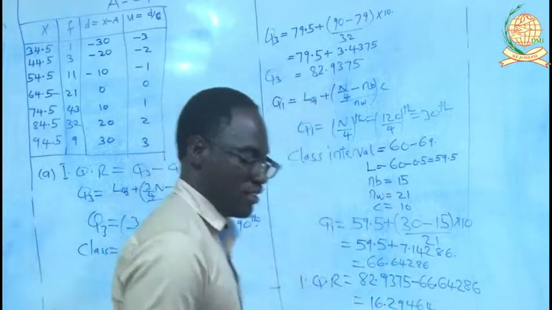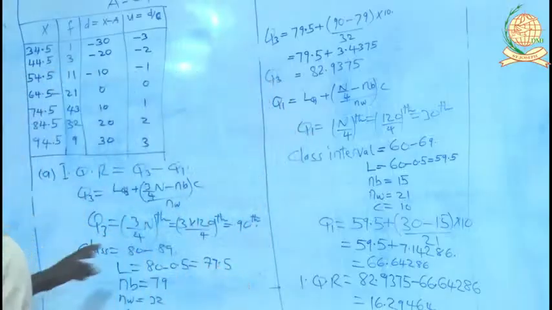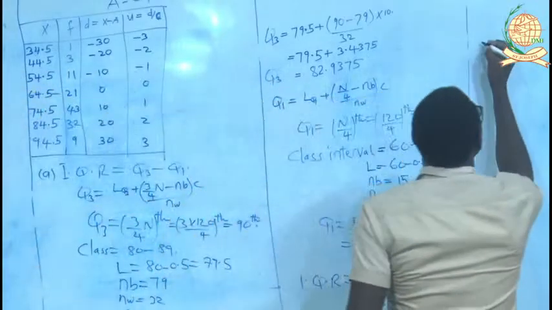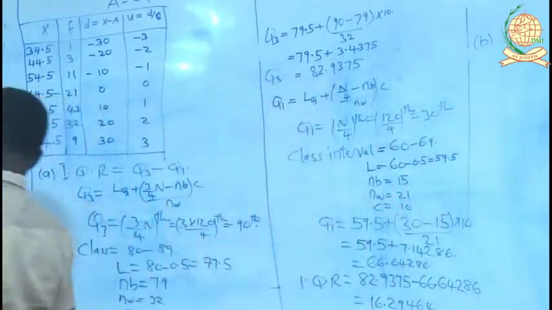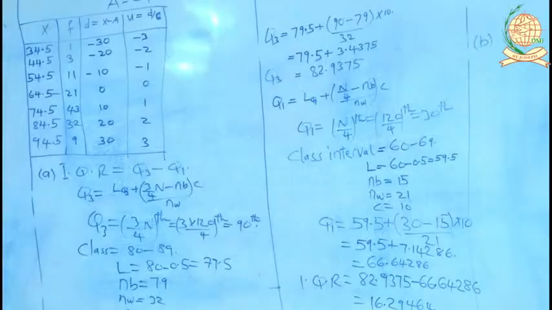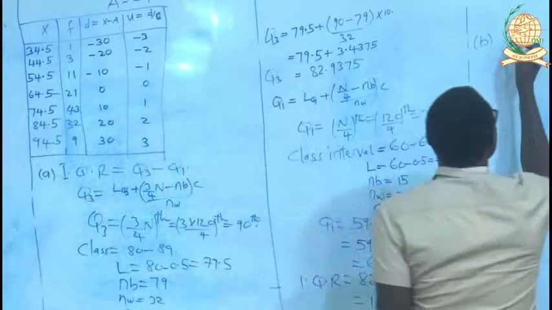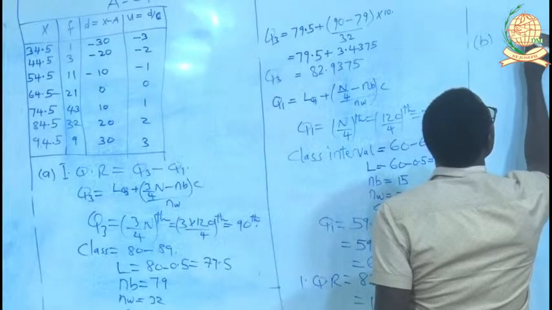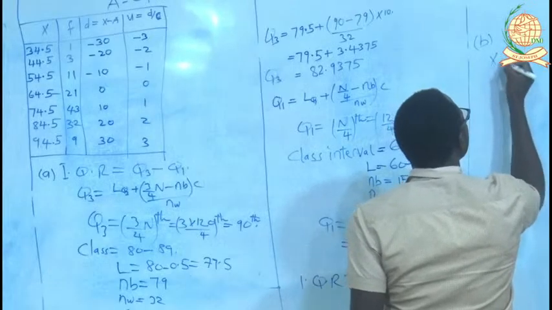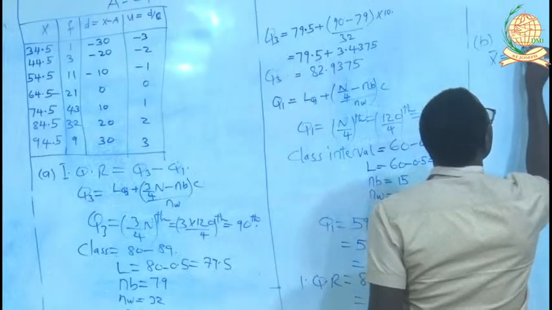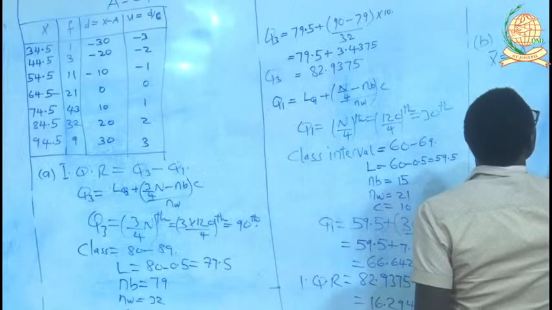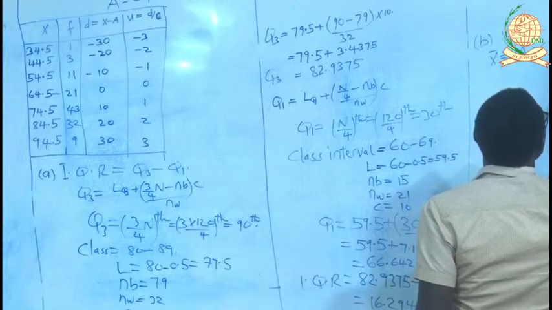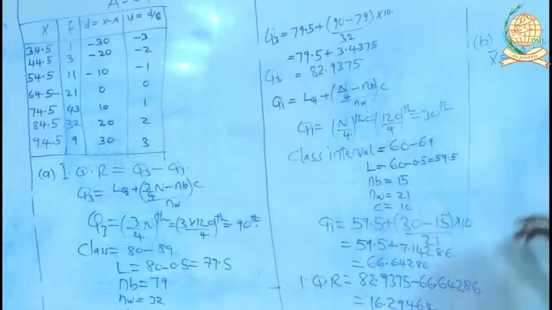Okay, now this is A. B, we needed to find the mean by the coding method. So write the formula. The formula is mean is given by A plus C times summation of FU divided by summation of F. Now this is the formula which is used to find the mean by coding method.